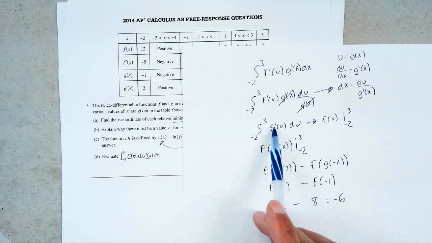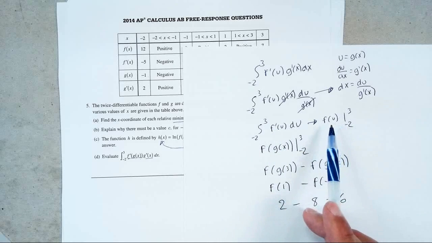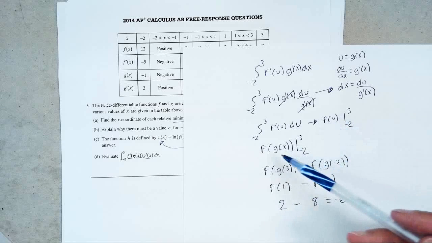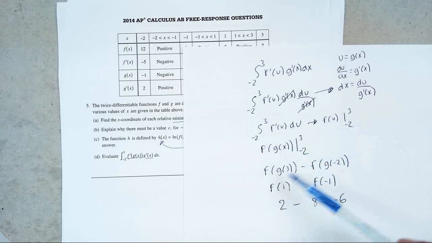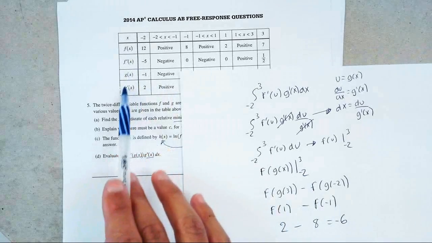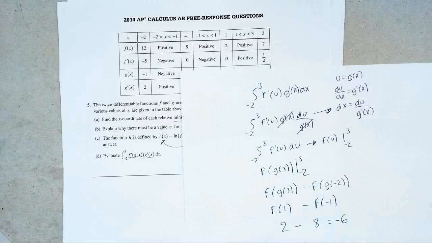Now, when you're integrating f prime, remember, the integral of f prime is just going to leave you with f of u, okay, f of u. And then you're going to work it out, plug the u back into it after you find your antiderivative, and then plug in your upper bound minus your lower bound, which is the fundamental theorem of calculus. Look at the table, g of 3 was over here, and then just work it out.